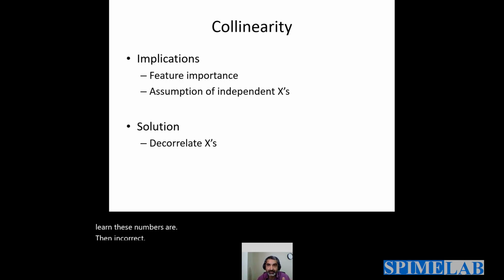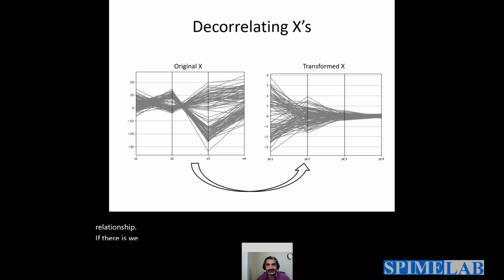If there is a relationship, the model will learn something wrong. We want to remove those relationships. The independent variables are called independent because we assume there is no relationship. If there is, we should remove that.